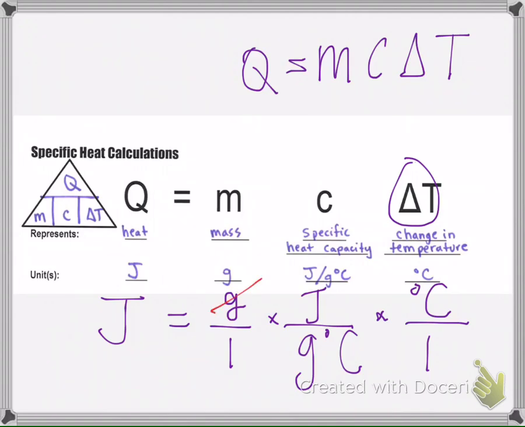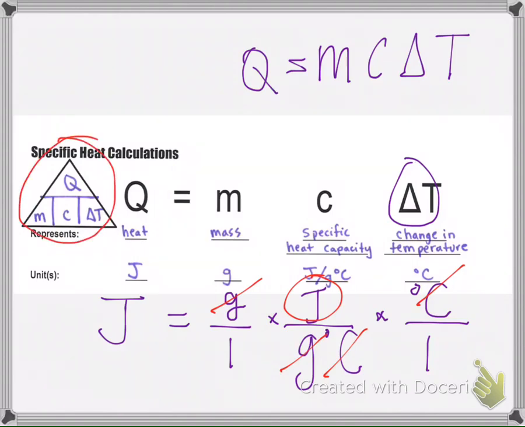Grams cancel, degrees Celsius cancel, and you're left with joules. So these units make sense, and it works out in the long run when you want to determine what Q is.